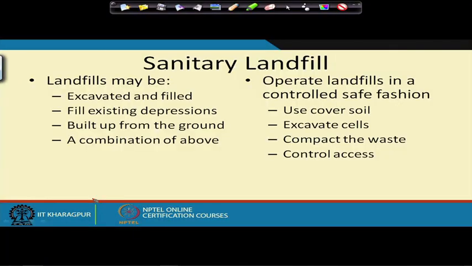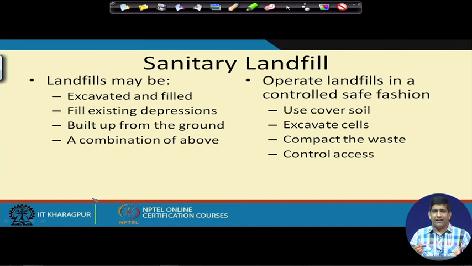It also helps if you have film plastics and those kinds of materials, which in the case of wind will start blowing away. If you put a layer of cover soil on that, it helps keep it down. And it also helps against rodents, vectors, and those things getting attracted towards this waste.